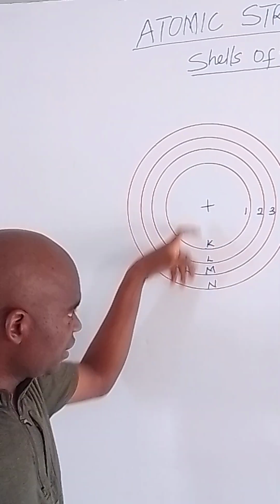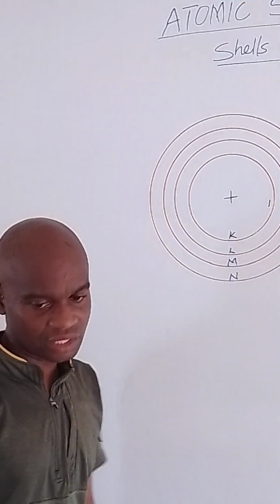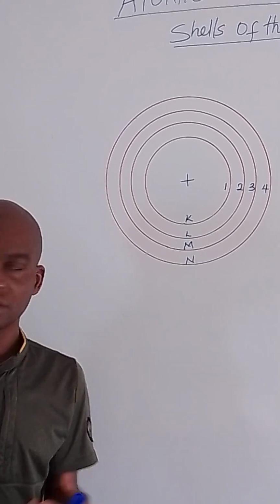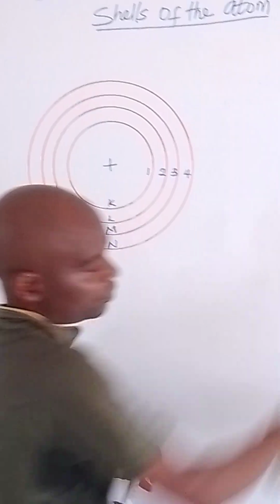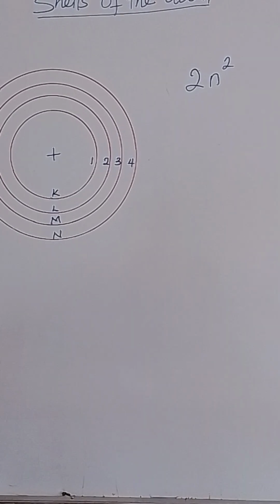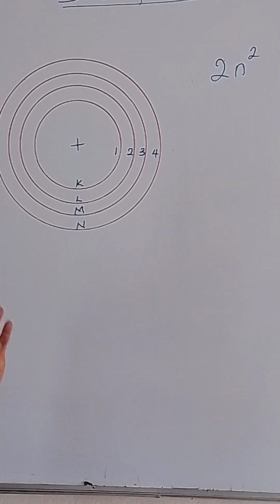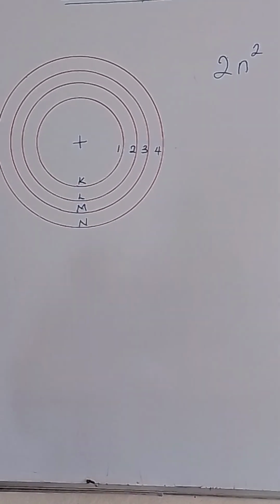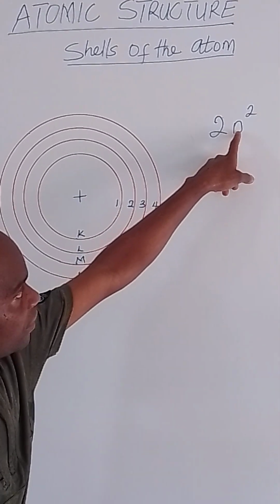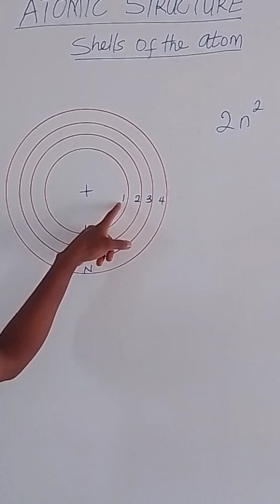So each of these shells has its own capacity for accommodating electrons, and the maximum number of electrons in a shell is given by the formula 2n squared, where n represents the shell number, that's the energy level or the principal quantum number.